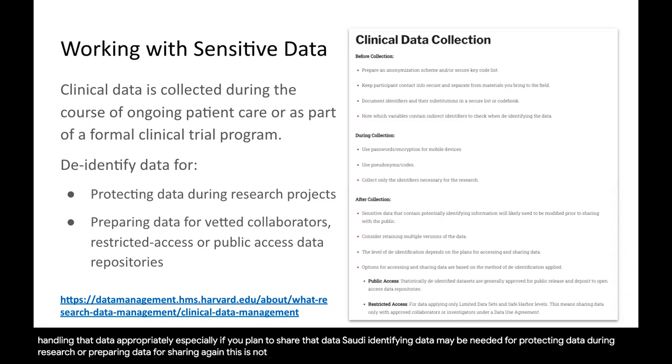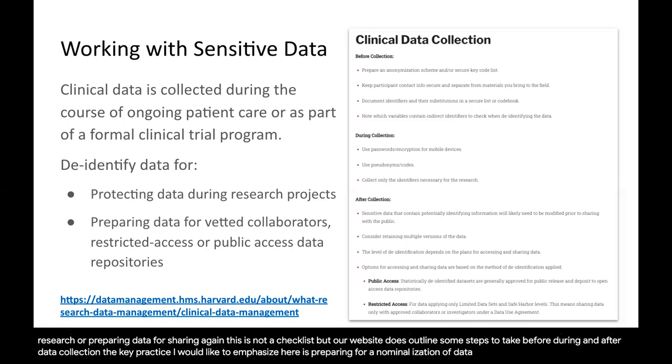Again, this is not a checklist, but our website does outline some steps to take before, during, and after data collection. The key practice I would like to emphasize here is preparing for anonymization of data for data sharing before data collection starts.